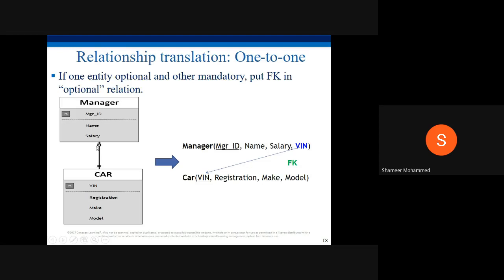This is optional. O means optional. So wherever it is optional, there only you are going to put this as a foreign key. The primary key here is becoming a foreign key here. So this is the entity for manager with this primary key and the attributes, and this entity car, this is the relation. Understand? This is a one-to-one relation. This is clear, all of you?